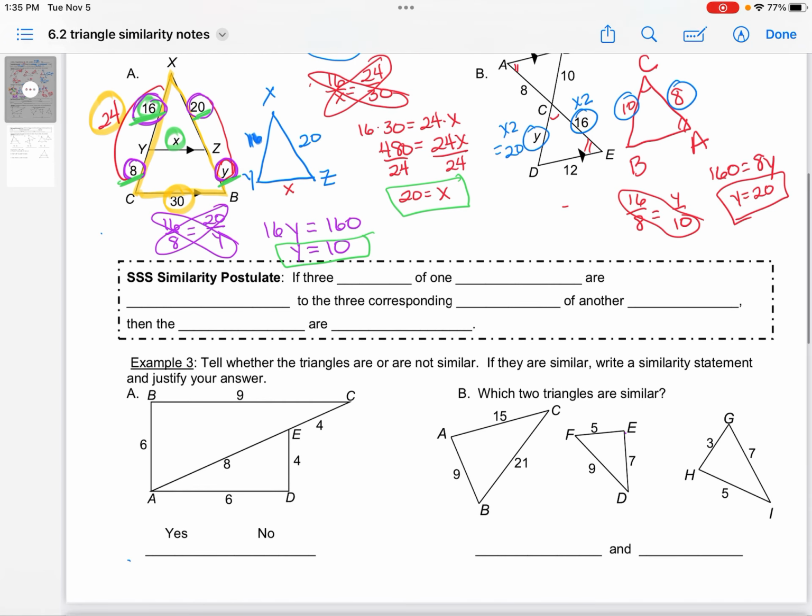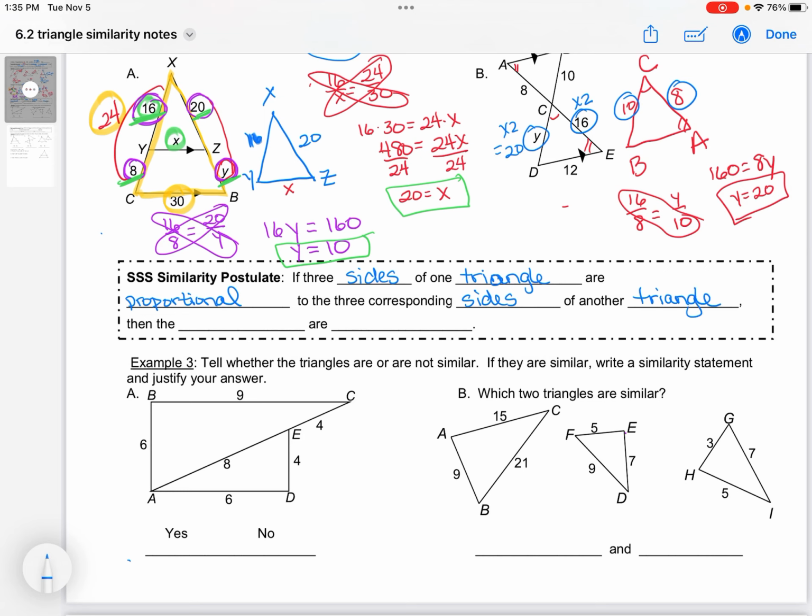Okay, we'll go super fast. Side, side, side. You have to have 3 sides. All 3 sides of one triangle have to be proportional to the 3 corresponding sides of another triangle.